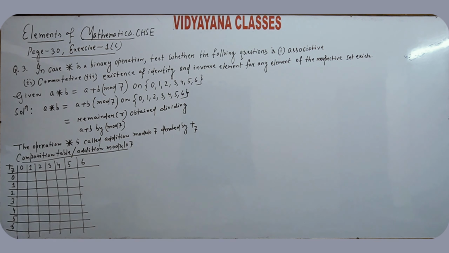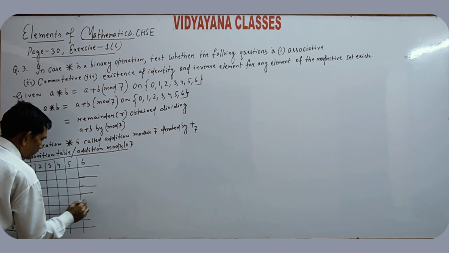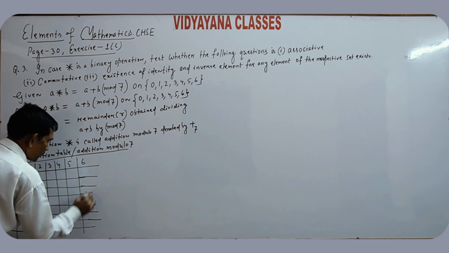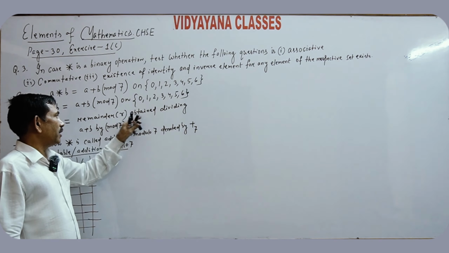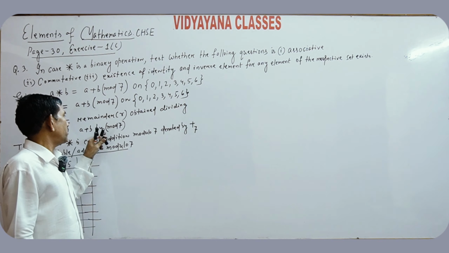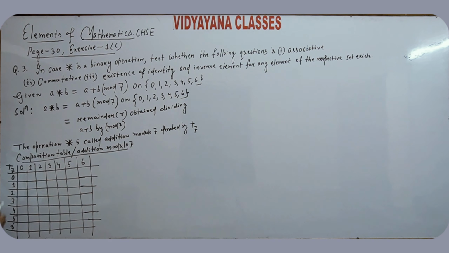0 plus 0 is equal to 0. 7 divides 0 gives the remainder 0, the remainder obtained on dividing A plus B by 7. 0 plus 1 is 1; 7 divides 1 gives the remainder 1. 0 plus 2 is 2; 7 divides 2 gives the remainder 2.